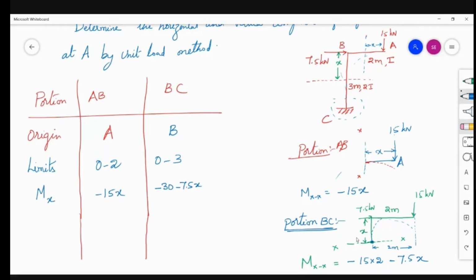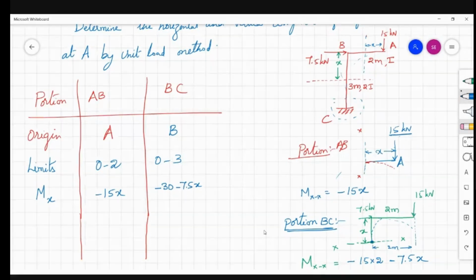So when you write the moment in a section due to external loads, consider a section at a distance of x from the origin, take the free body diagram and write the moment at the section. For portion AB, 15 is the load, and 15 into x is the hogging moment.